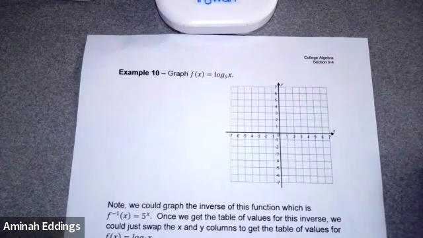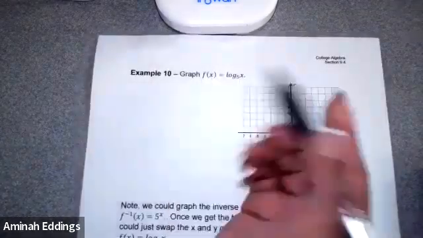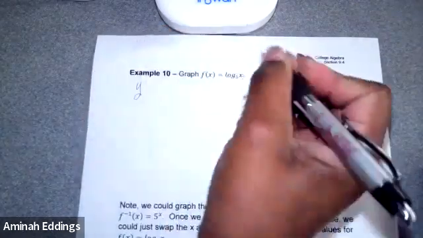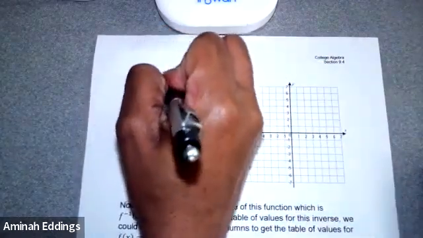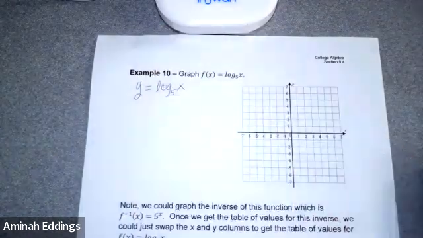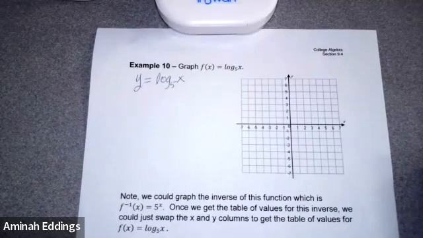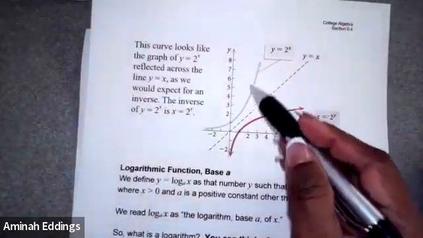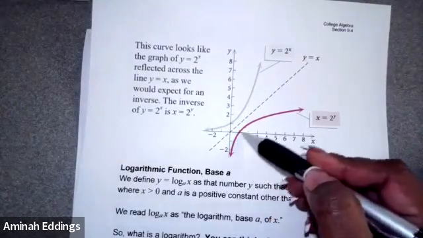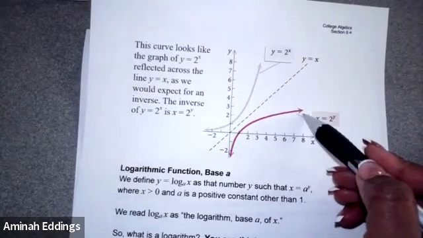So let me stop. If we look here, we know that f of x is the same as y. So we have y is equal to log base 5 of x. If you think about what we looked at earlier, we were able to see that our exponential graph and our logarithmic graph were inverses.